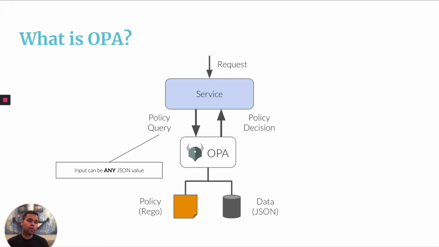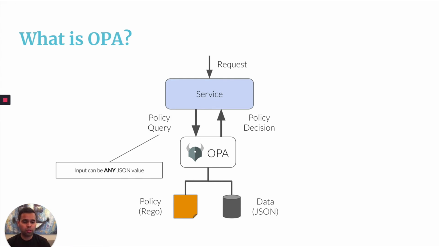So as long as you give OPA some kind of structured data and you write policies which make sense for that data, OPA will return a decision back to your service. And that's why we say OPA is a general purpose policy engine, because it is not tied to any particular data format.